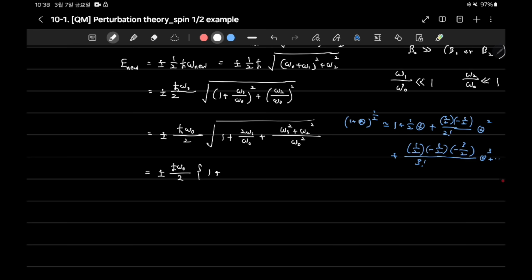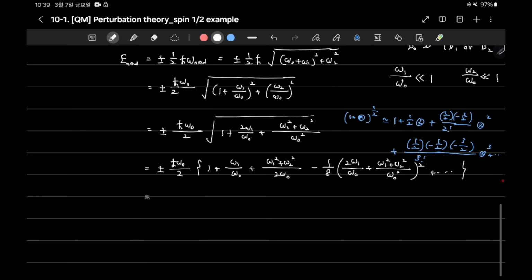So the first term is omega 1 over omega 0 plus omega 1 squared plus omega 2 squared over 2 omega 0 squared. Then the second term is minus 1 over 8 times 2 omega 1 over omega 0 plus omega 1 squared plus omega 2 squared over omega 0 squared, all squared, plus so on.